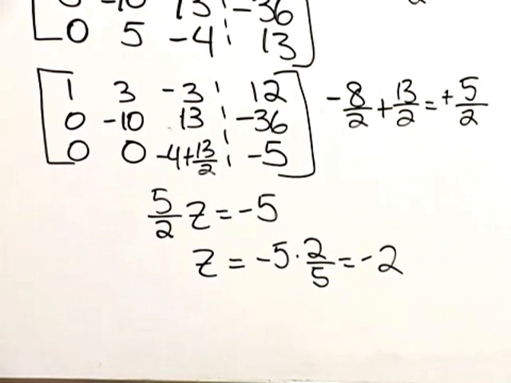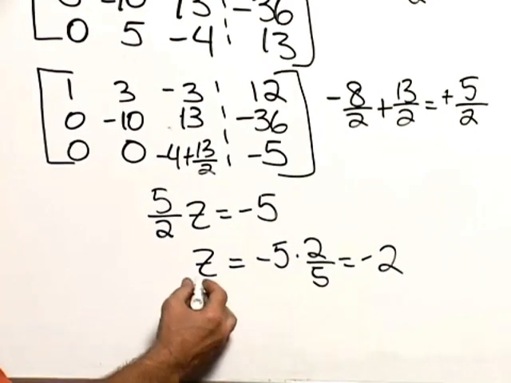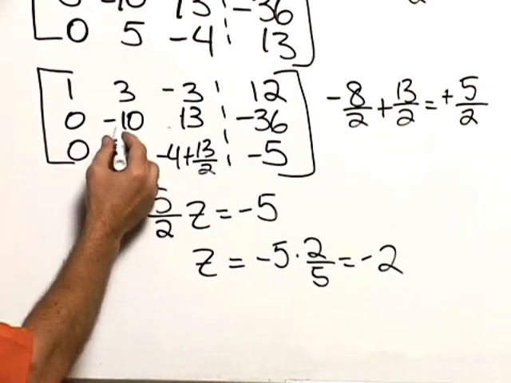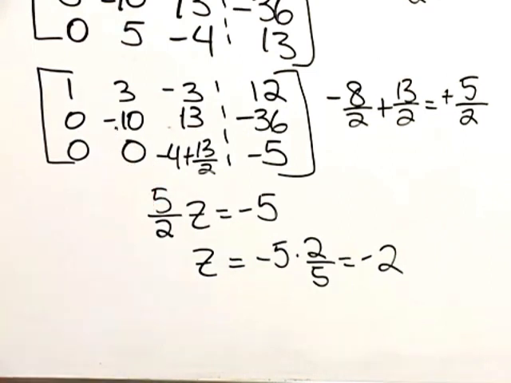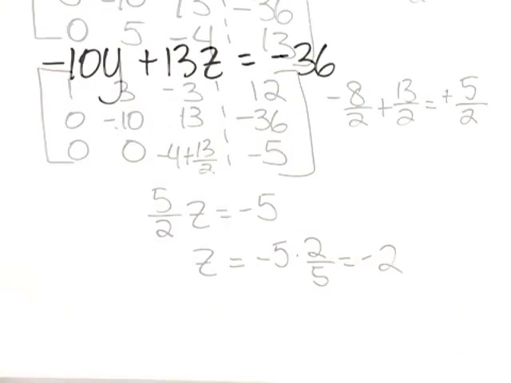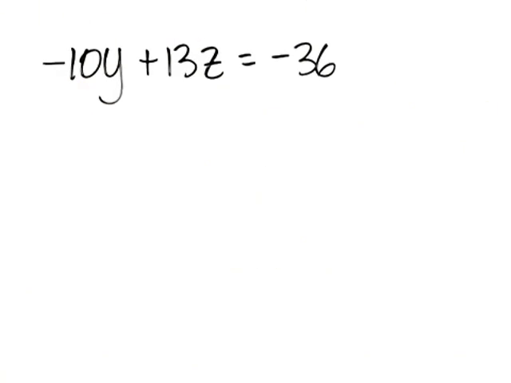Now what we'll do is use that value of z and substitute it into the equivalent equation from row 2 of the matrix. So the equation from row 2 is -10y + 13z = -36, and we just determined that z is -2.